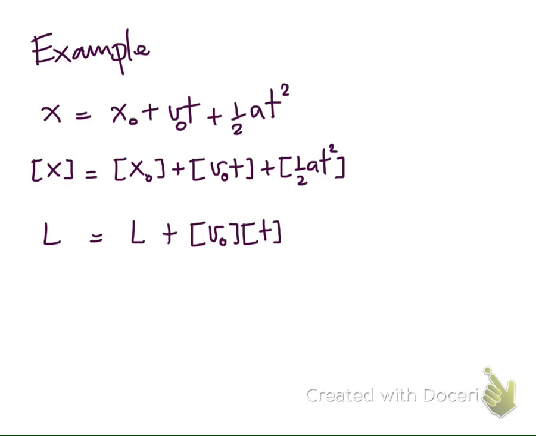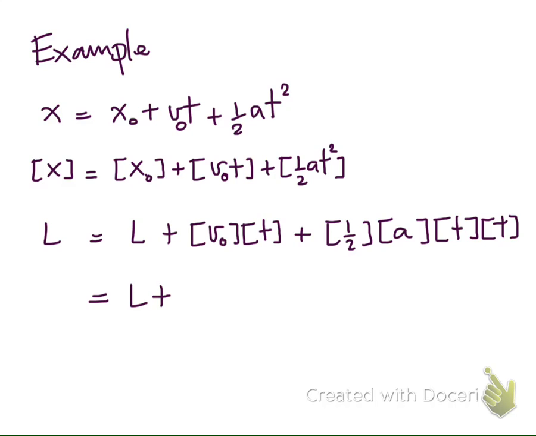We can write it as the algebraic multiplication of each dimension. And again, the dimension of half of a t squared is equal to the dimension of half times the dimension of a times the dimension of t squared, which we can write as the dimension of t times the dimension of t.